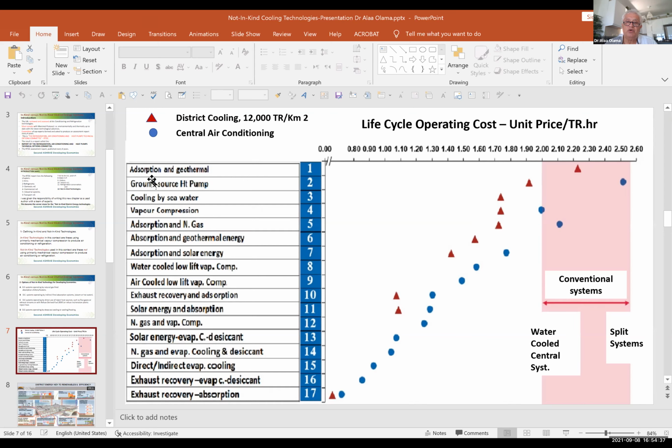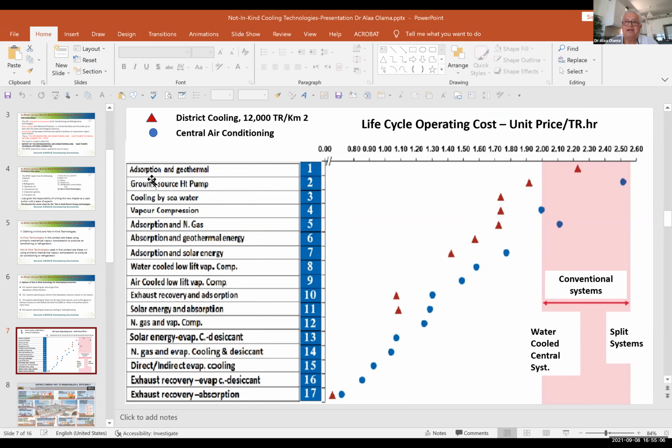In other words, if you look at the definition of not-in-kind cooling technology, you'll find those that are available, this means that only one manufacturer is doing them. Widely available means that they are produced by more than one manufacturer. And then you have the 2 other classifications, which are emerging technology that has passed research and development, but is not really there yet, and those in the research and development phase.